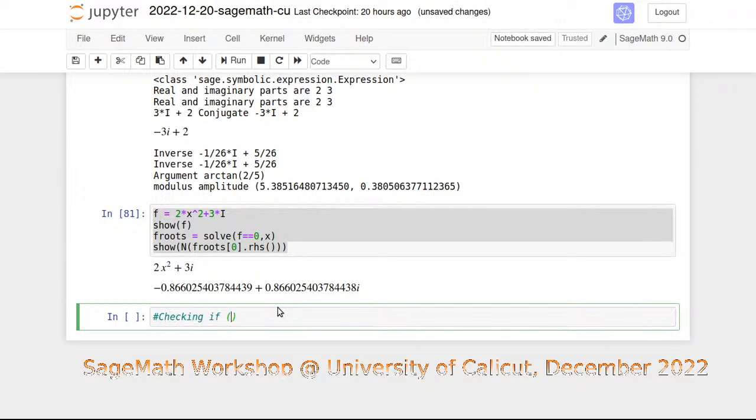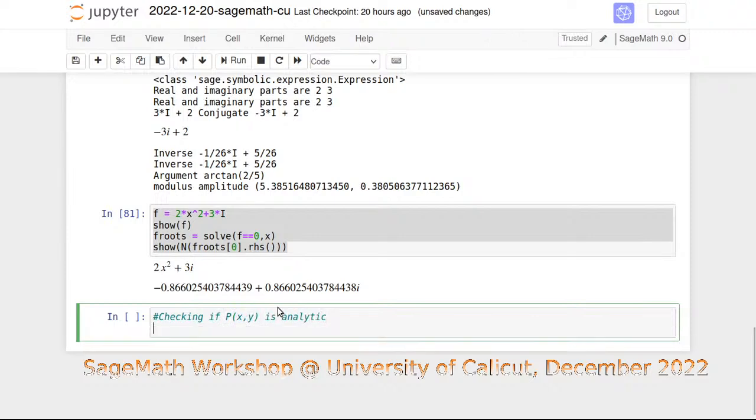So what we essentially do is check p of xy equal to p of z0 or not, where z is equal to x plus iy.